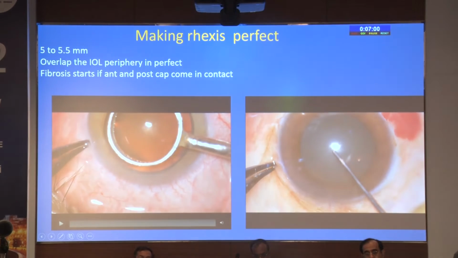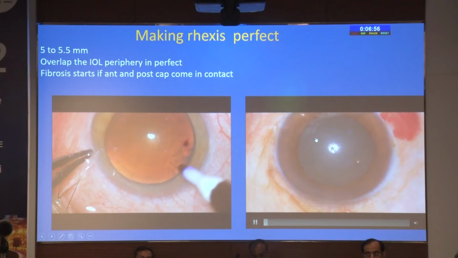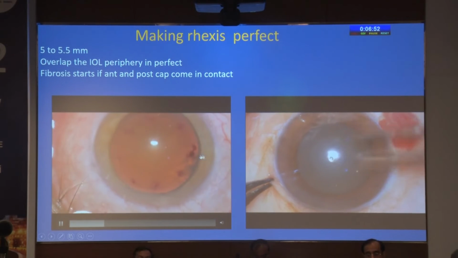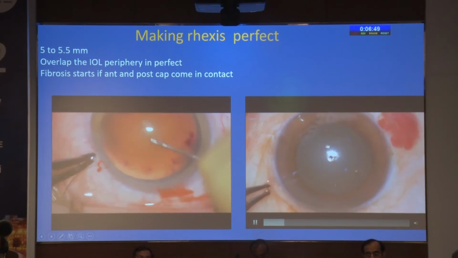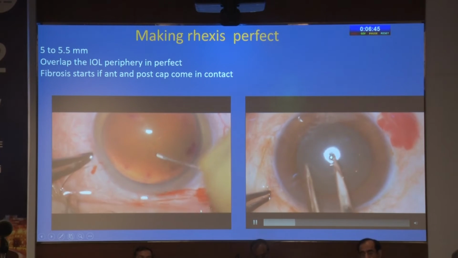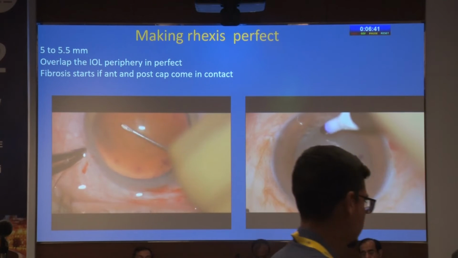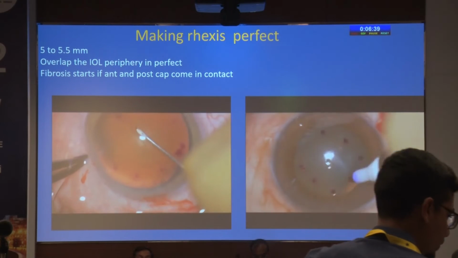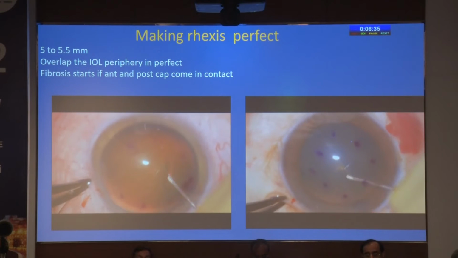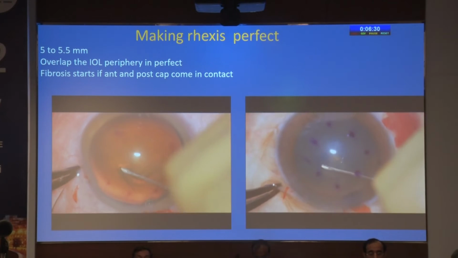Now, the important thing is the capsulorhexis. Just for the beginners, what is important: take a ring and make a mark of 5 millimeter, or you can simply take a 5 millimeter caliper and mark a central point at your reflex. That will give you an idea of the limit of the capsulorhexis. This capsulorhexis is definitely going to cover the IOL and not leave the edge of the IOL free.